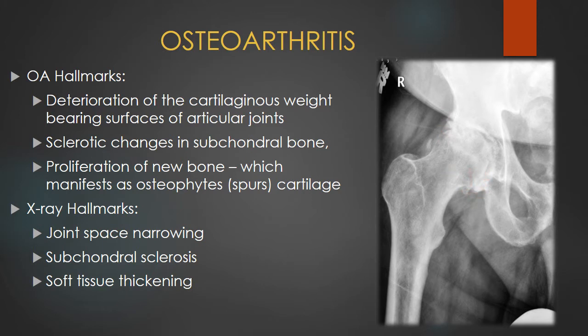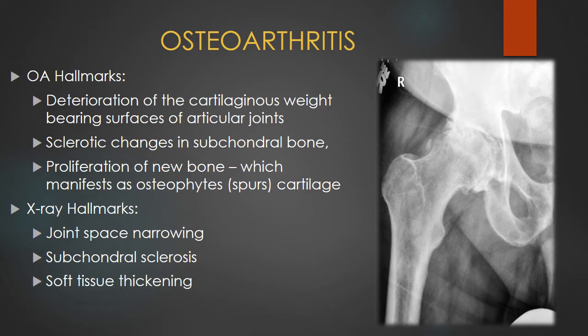And this provides us with our typical hallmarks that we associate with degenerative joint disease, and that is joint space narrowing, subchondral sclerosis, and soft tissue thickening.